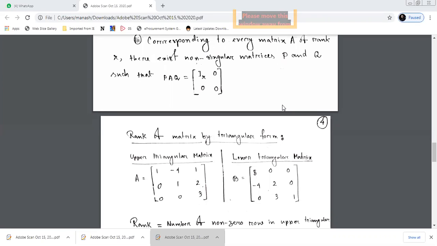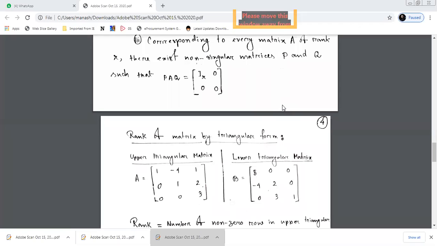Okay then. So I repeat once again. What is a singular matrix? Singular matrix means, if the determinant of a matrix is equal to 0, then the matrix is called a singular matrix. And what is a non-singular matrix?